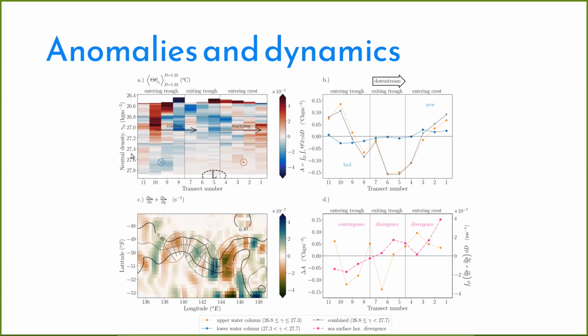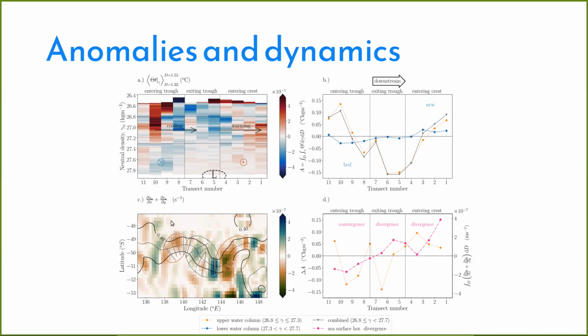In the lower water column, you see this cooling progressively getting warmer. We averaged this for the upper water column, the orange line, and the lower water column, the blue line. In the upper water column, warm anomalies cause cooling, and cooling causes cold-to-warm anomalies. In the lower water column, the cold anomalies get progressively warmer, so they are continuously warming.